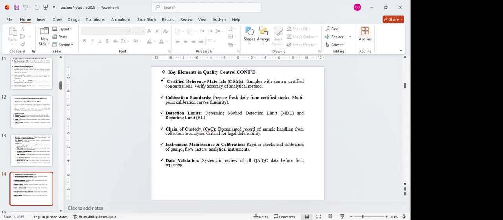Now, if you have these multi-point calibration curves, which give you a linearity, you can be rest assured that whatever you are analyzing is within the standard of the method, that the method being used, the standard being deployed are within what you have and not outside what you have.